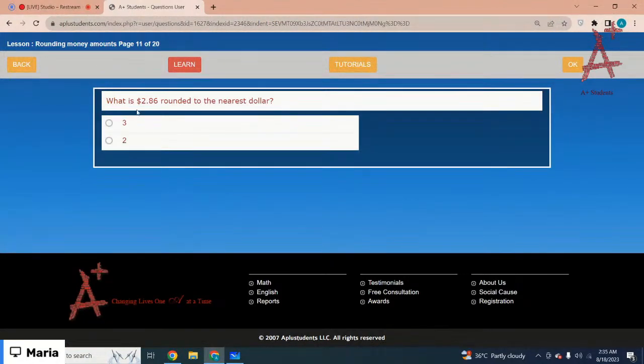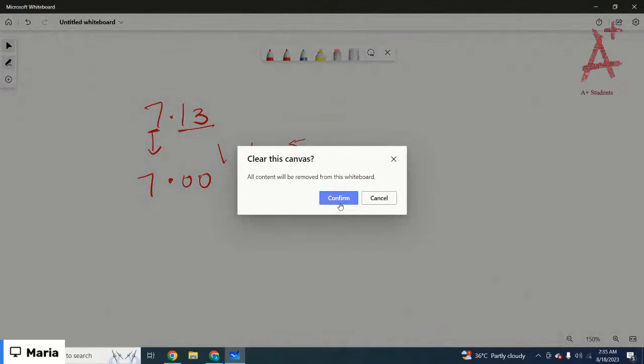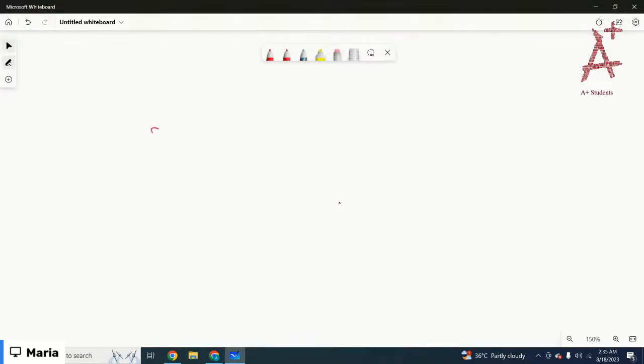The next one is, what is 2.86 rounded to the nearest dollar? Taiwo, can you please answer? 2.86. Okay, so here is the dollar. Just look at the next digit, it is 8. 8 is greater than 5 or less than 5? 8 is greater than 5, right?